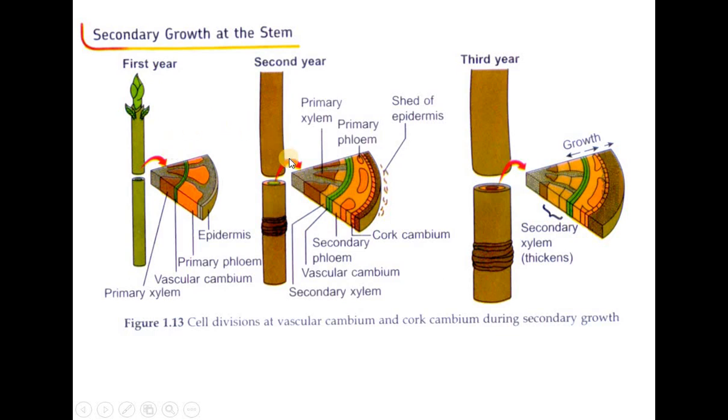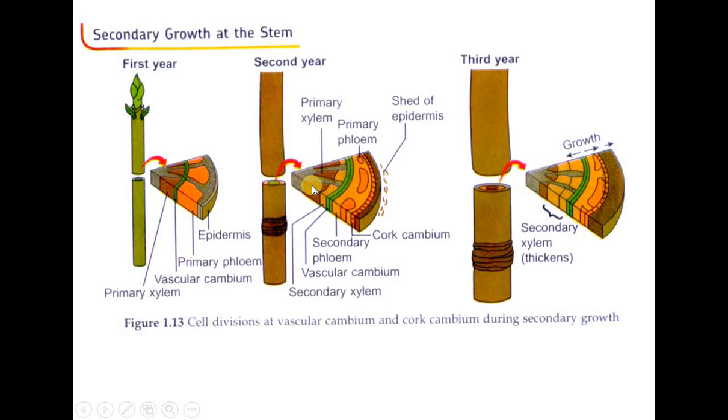In the second year, what happened? The vascular cambium divides again actively by mitosis and produces new xylem and new phloem. Here refers to the new xylem, called secondary xylem, and the dark region here refers to the primary xylem.